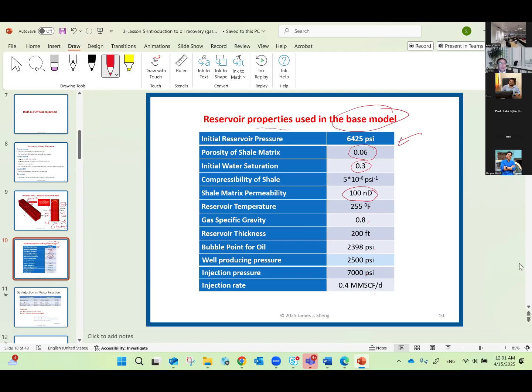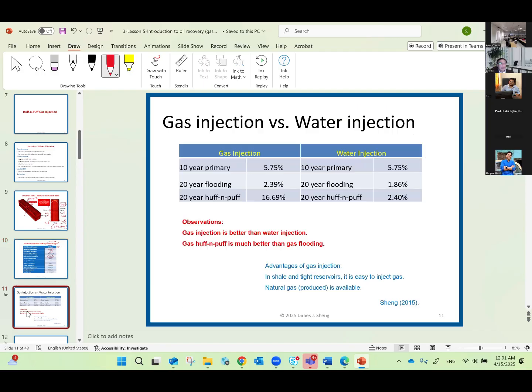Let's see what kind of results we get from the model. First, let's look at gas injection, Huff-n-Puff gas injection. First, talk about the 10-year primary. I mentioned a few minutes ago, current technology to produce shale reservoir is horizontal well, fractured, and primary production, right?